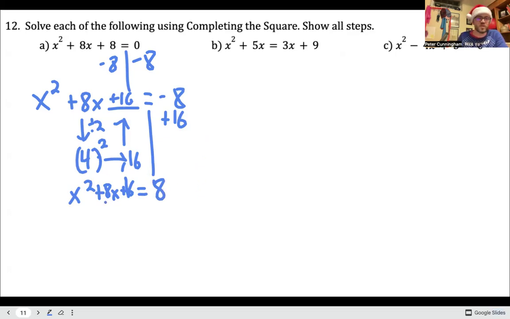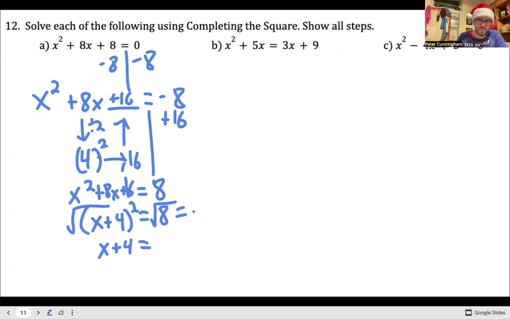Okay, now the whole reason we got this is so that we can factor it. So we can write x plus 4 squared, not factor it, but write it in factored form, equals 8. The whole reason I want to square it is so I can get rid of it with a square root. And now I have my answer being x plus 4 equals, let's simplify this, by the way, which would be root 4 times root 2.